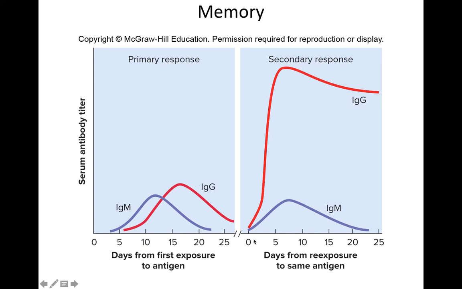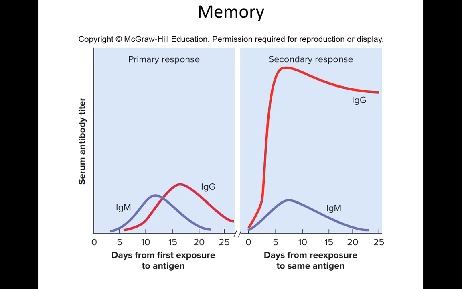Look what happens when you get a secondary response. From the exact minute that you are exposed, you get a massive amount of antibody. So not only is your secondary response faster, it's stronger. This is what we mean by adaptive, when we say that it gets better at its job over time.